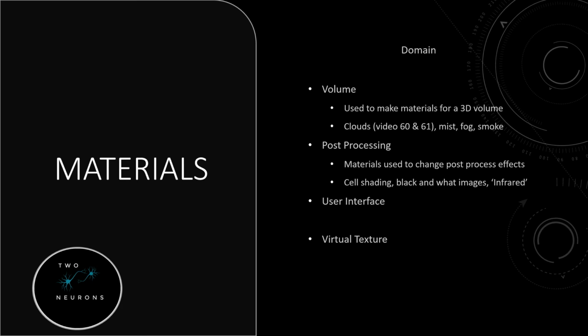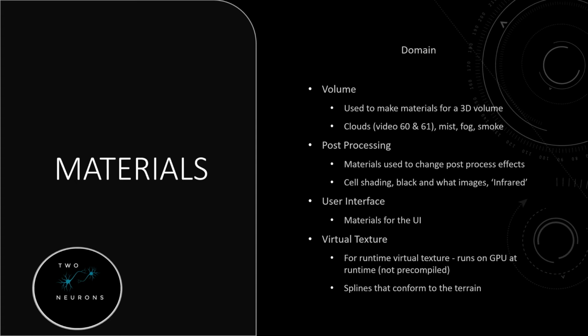So you can create materials that will cell shade things, or create images that are black and white instead of having the full albedo that we're normally seeing in material shaders. Or if you think of Alien vs. Predator, the original 2 from the late 90s, and the infrared, that would now be done using a post-processing effect of some sort, and you might have a material to help you set that up. User interface does what it says on the tin. Materials for user interfaces.